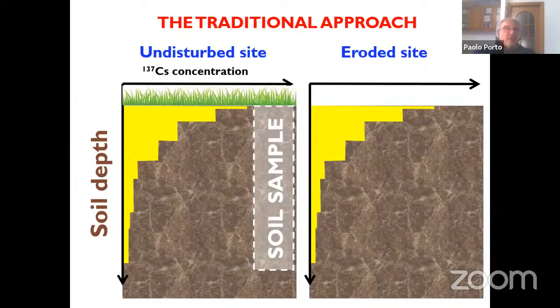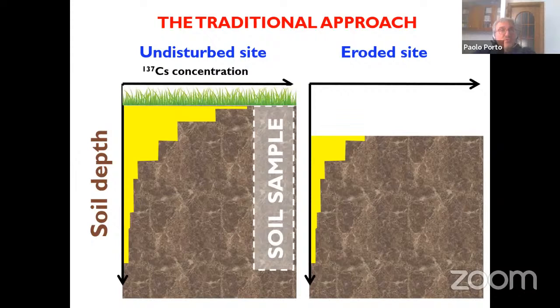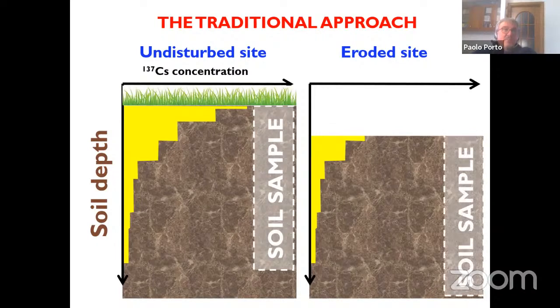But because we got erosion in this site, that means that erosion removed the upper part of the soil. When we collect the sample, we have something like that. So if we compare these two profiles, we can see that there is a difference, and that difference will give us the amount of soil eroded, okay?